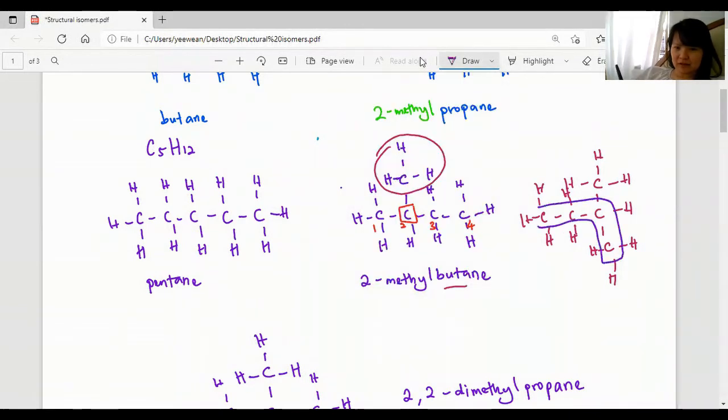This is the longest chain, and it's still 4. So 1, 2, 3, 4. And still the second carbon has the methyl, so it's still 2-methylbutane. These are the same thing. So don't accidentally draw the same one just because you change the position of the carbons. So try to draw the carbons at the same position and move around the substituent instead.